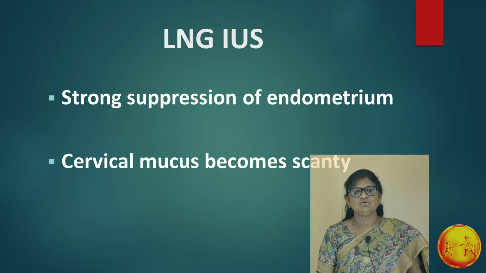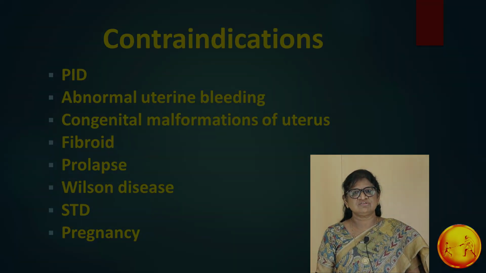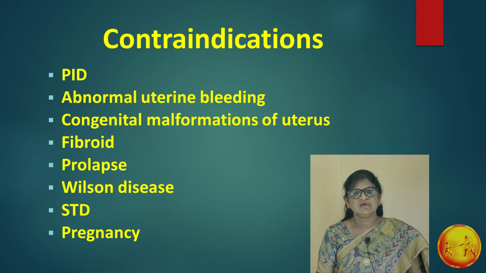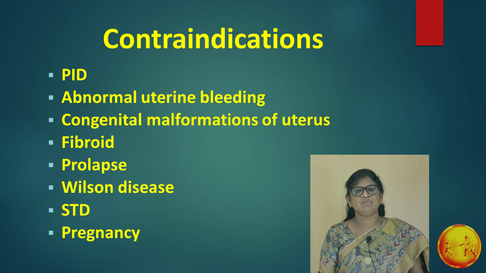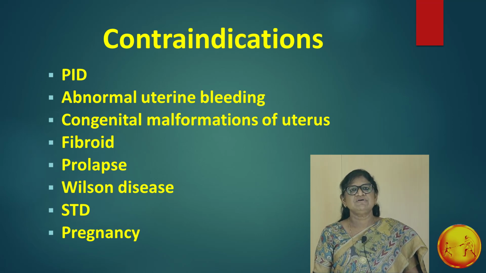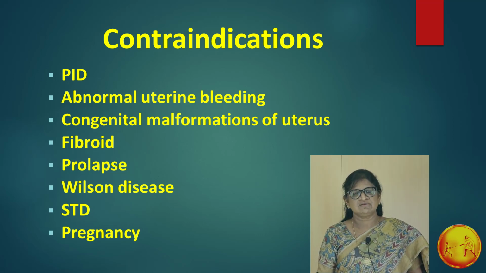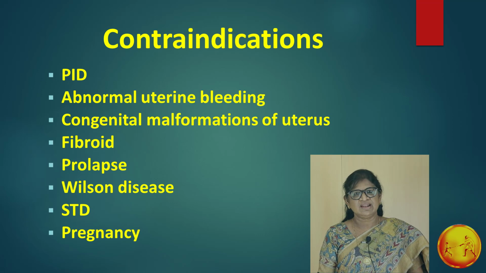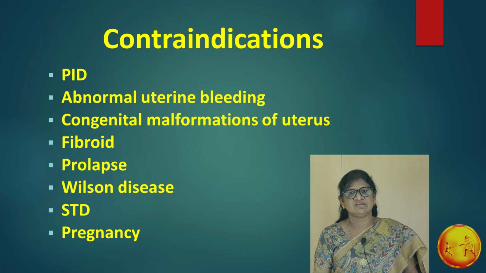Now, let us go through some of the contraindications of IUCD. IUCD is contraindicated whenever there is pelvic inflammatory disease, any abnormal uterine bleeding, previous history of ectopic pregnancy, sexually transmitted diseases, or suspected pregnancy. Cesarean section within the last 3 months is a relative contraindication.